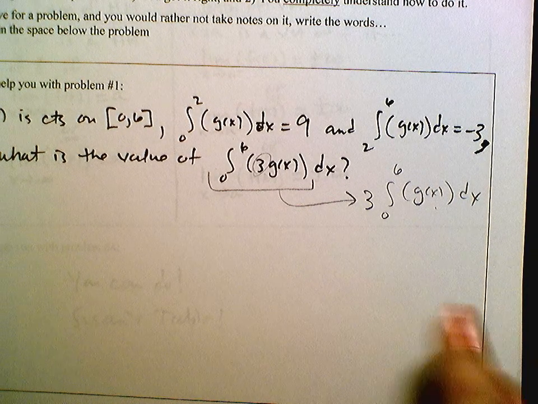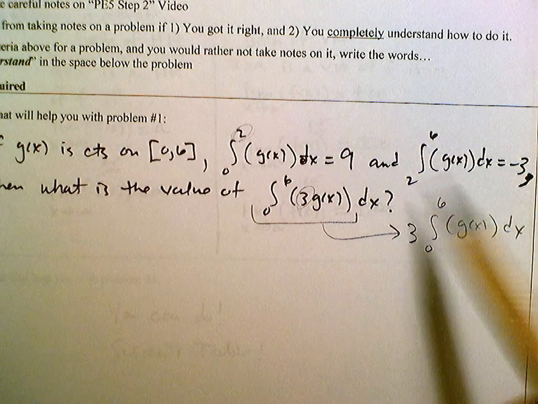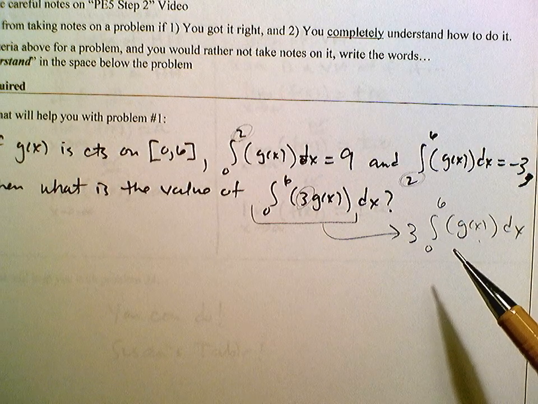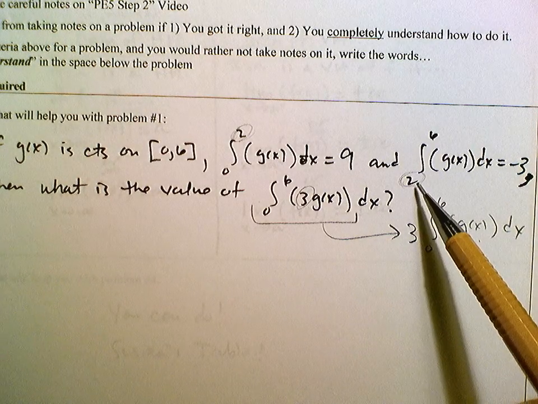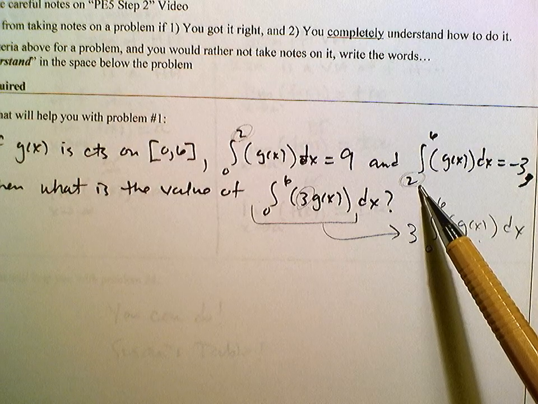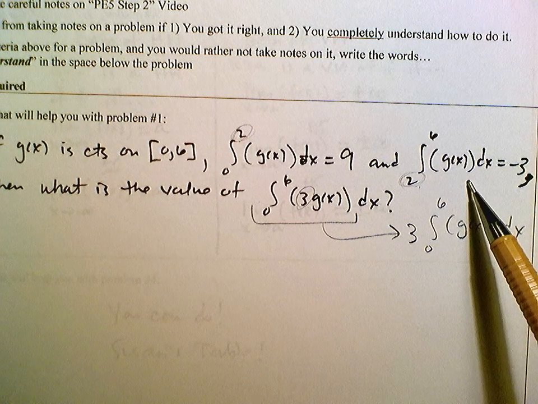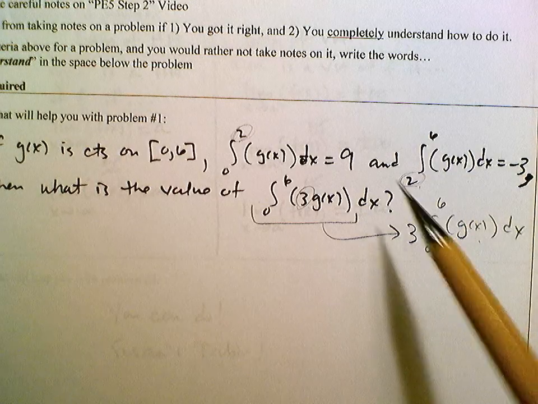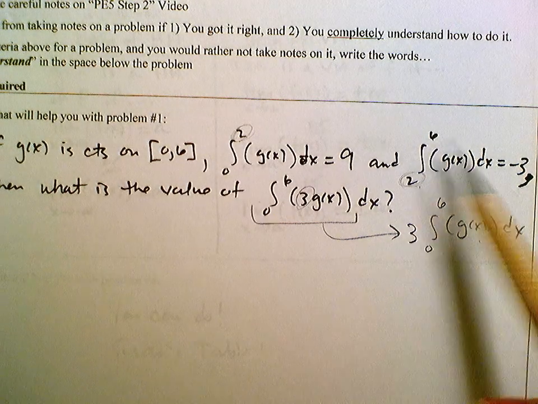All right? So the first thing that you should notice is that this upper limit matches this lower limit. And whenever you've got two integrals, and one upper limit is equal to the other lower limit, then if you add the two integrals, you would get the integral from 0 to 6.